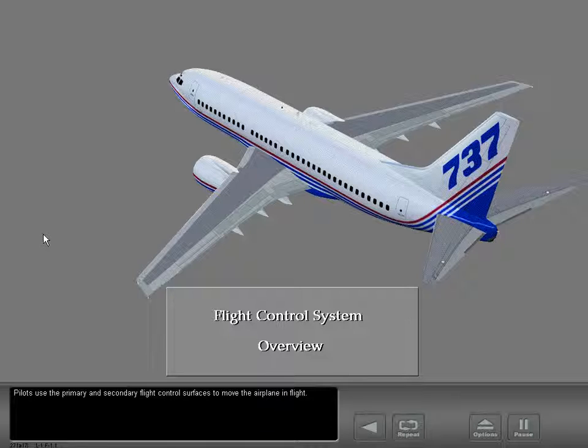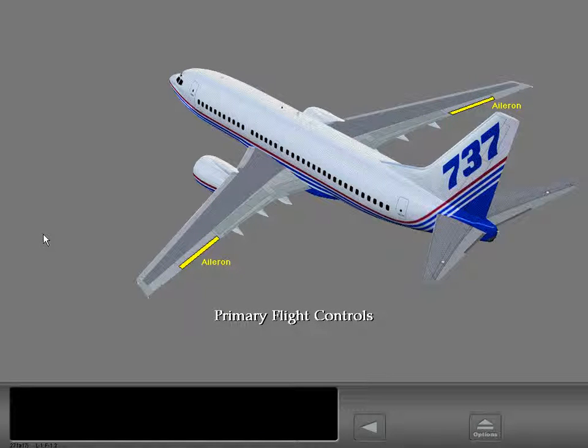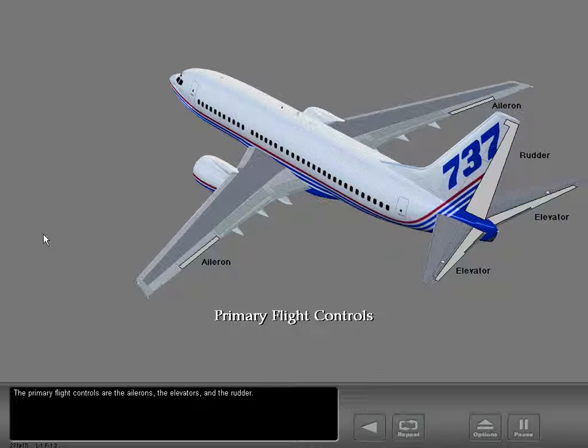Pilots use the primary and secondary flight control surfaces to move the airplane in flight. The primary flight controls are the ailerons, the elevators, and the rudder.